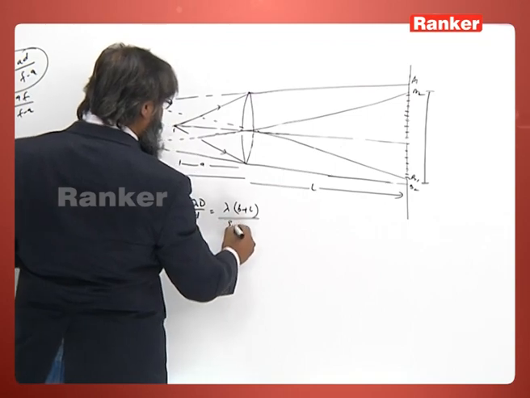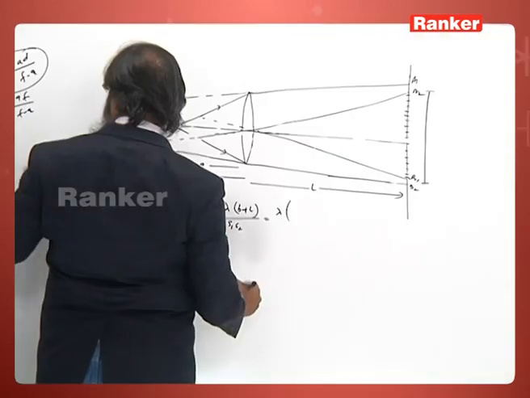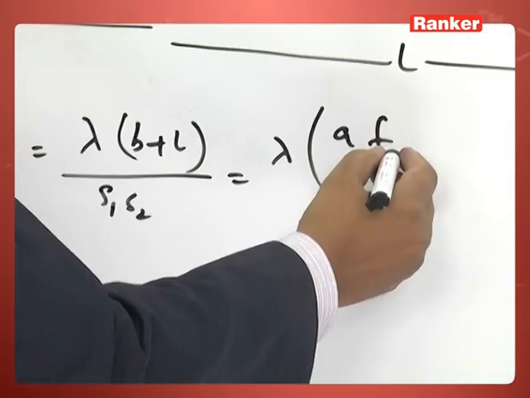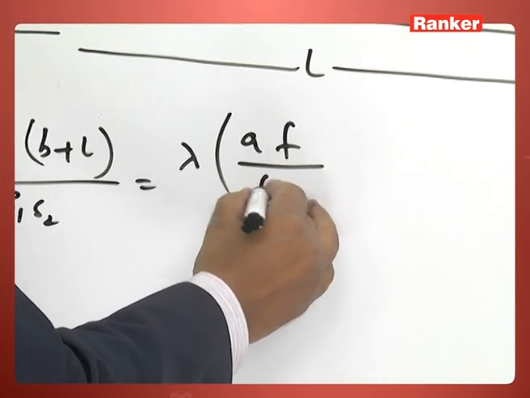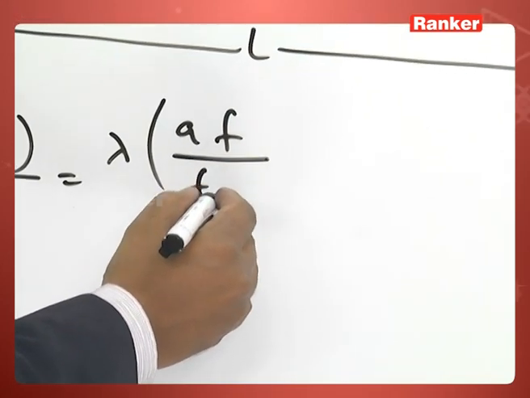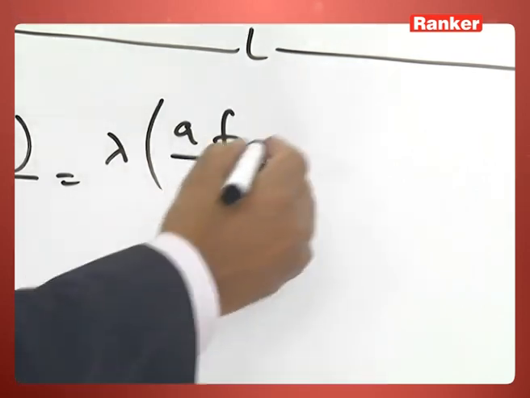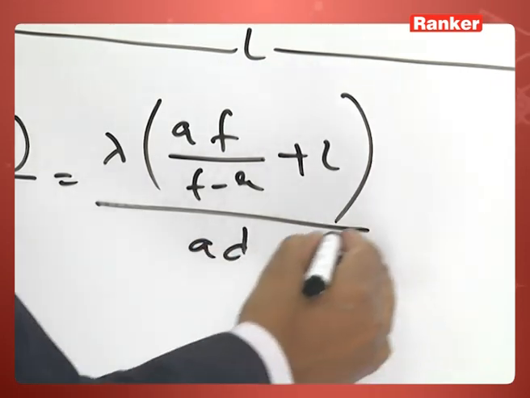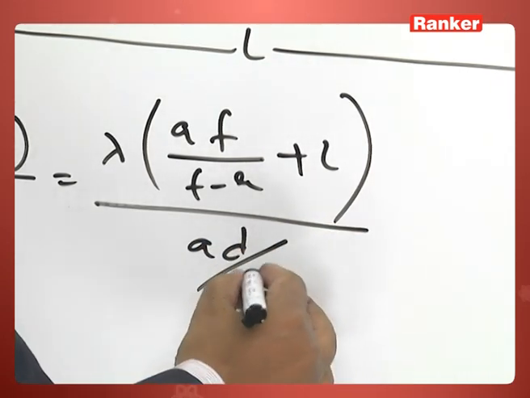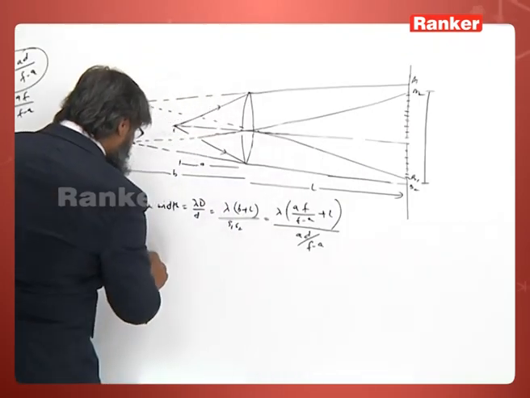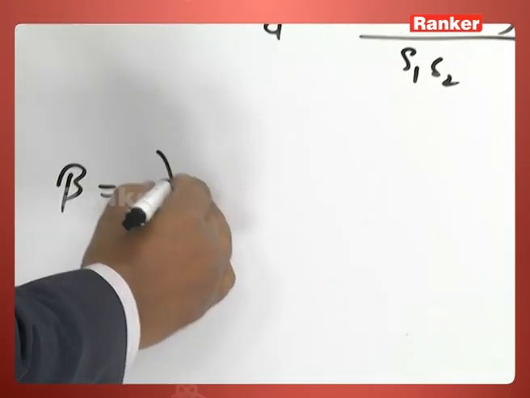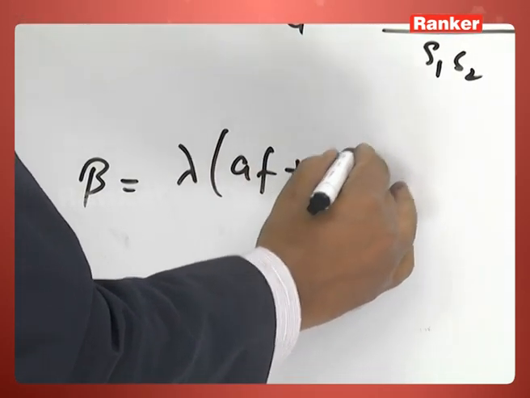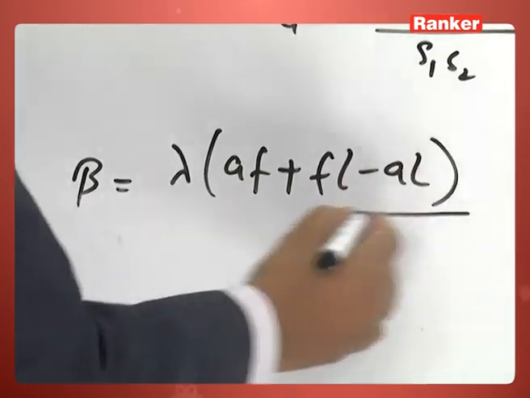What is b? b means this distance that already calculated, that distance is AF by F minus A, plus L upon S1S2, which is already calculated as AD upon F minus A. So we have fringe width beta as lambda into AF plus FL minus AL.